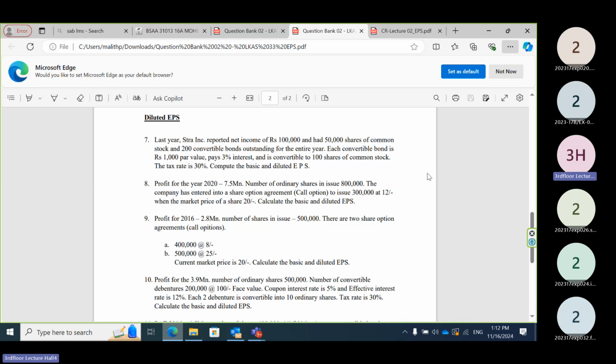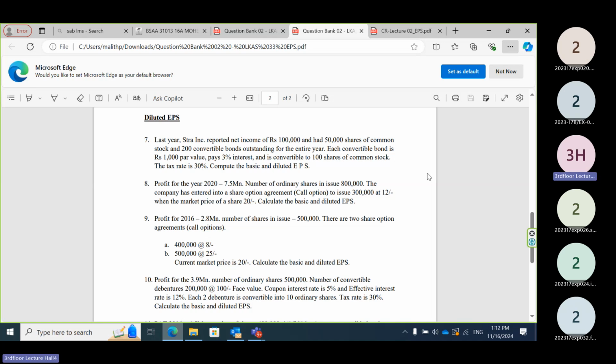Then one question: there are convertible bonds with a 3% interest. Do we need to deduct that interest from this? No. Why?